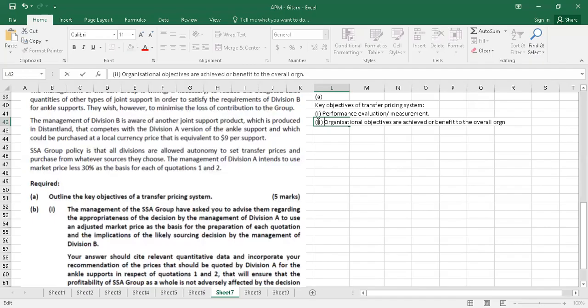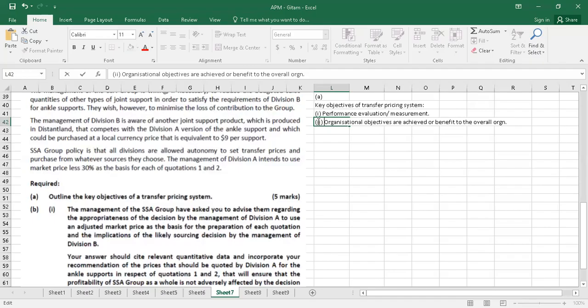It is not very rigid, with the selling department always charging the same market price to the internal department, or compromising on transferring the material at cost price. It is not so. They come down to discuss these transfer prices, wherein ultimately it brings benefit to the overall organization. So that is another objective.